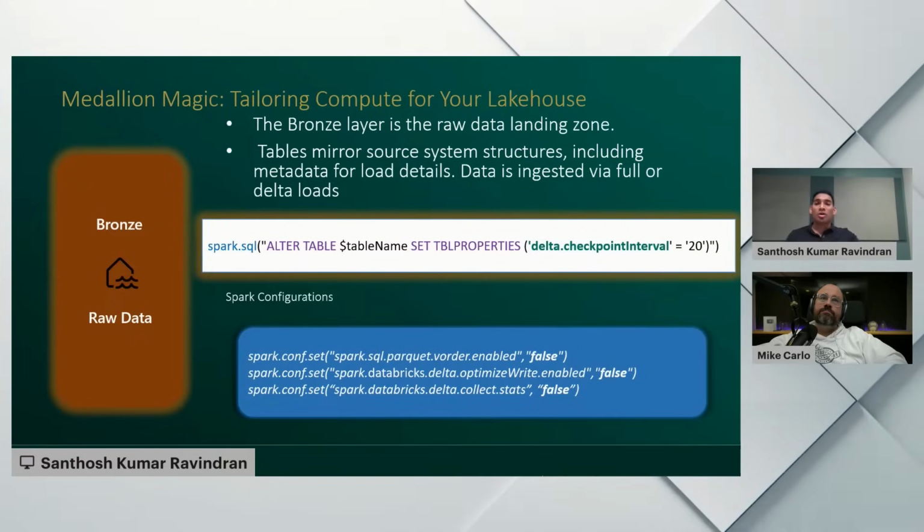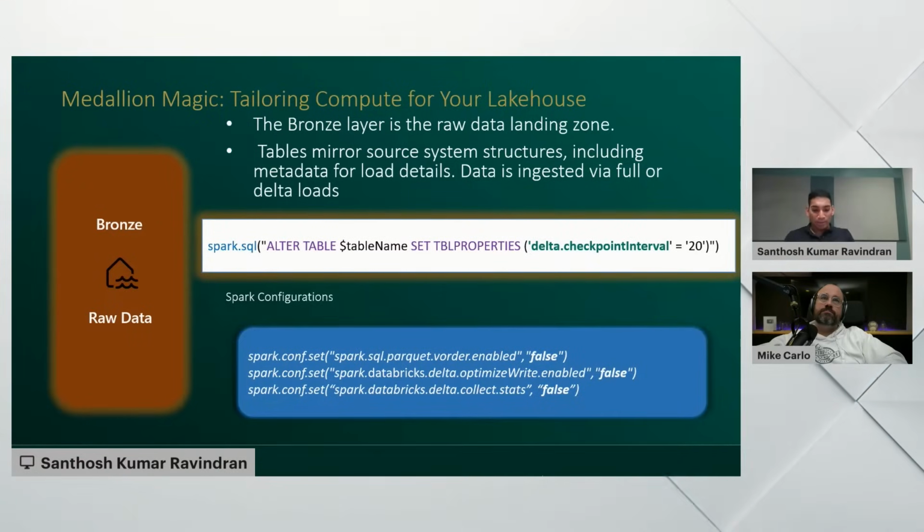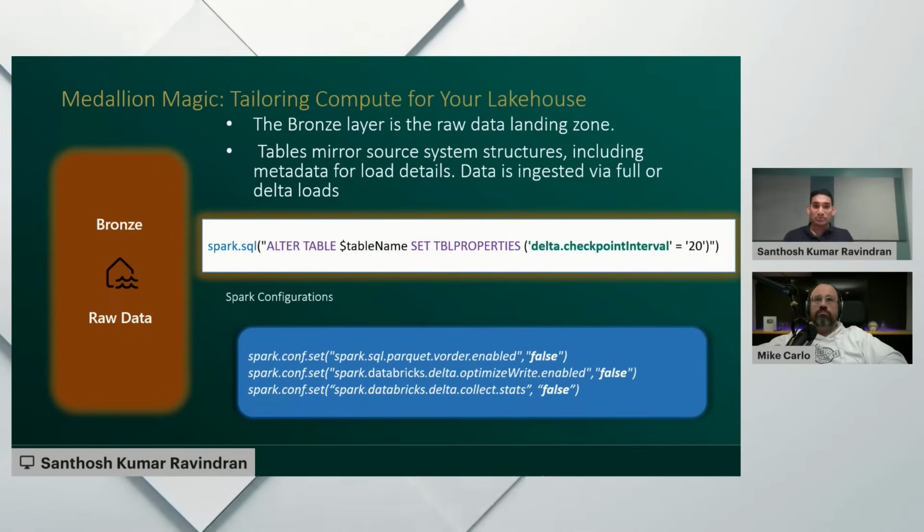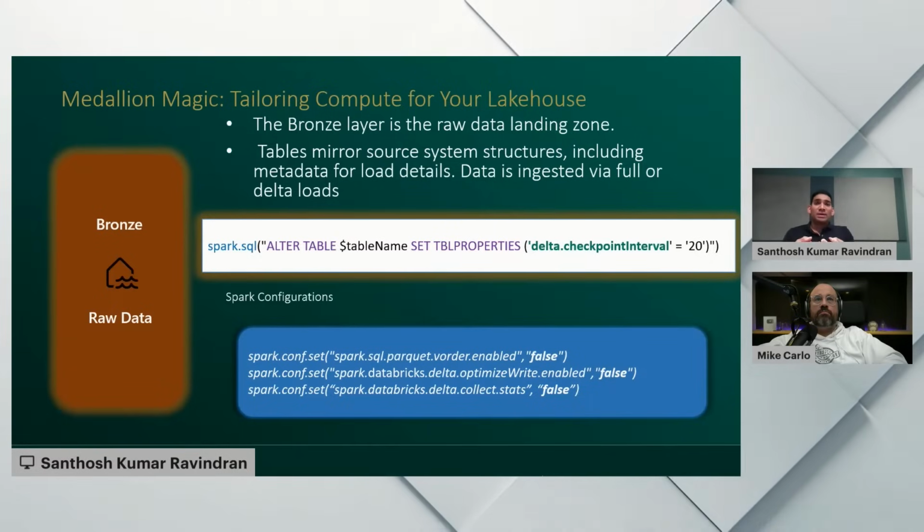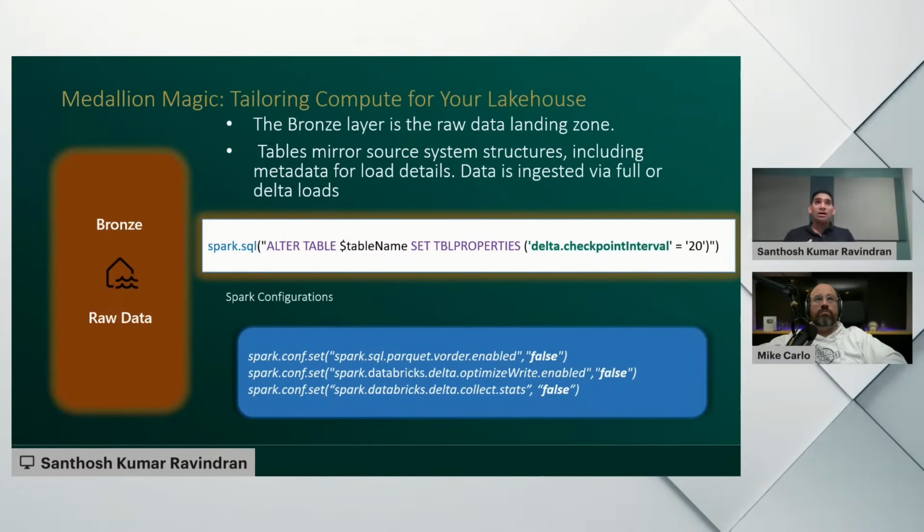If you want your bronze layer to be heavily write optimized, so that you have more bandwidth to support your downstream SLAs for your data processing, the recommendations are to increase the checkpoint interval, because you're not going to have frequent reads on a table level.